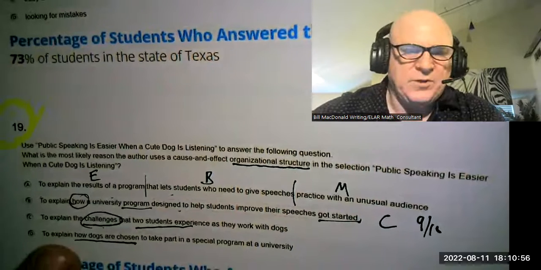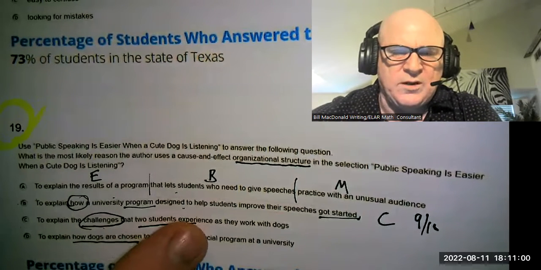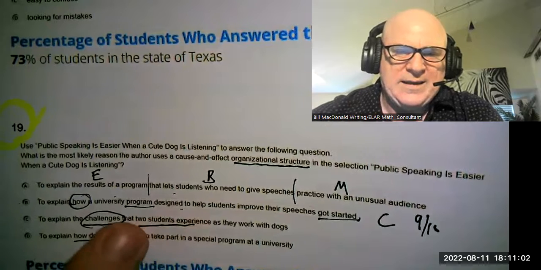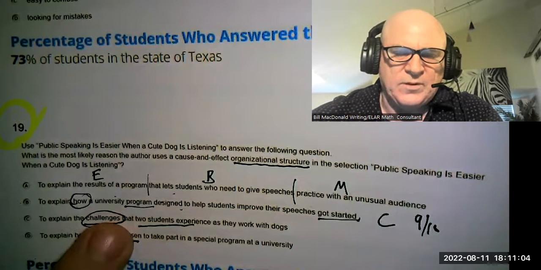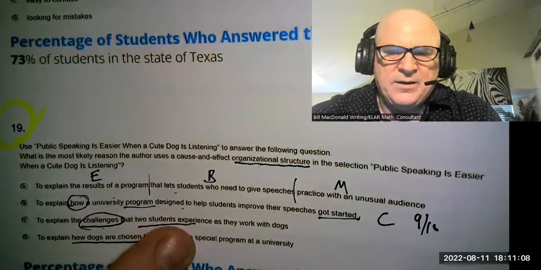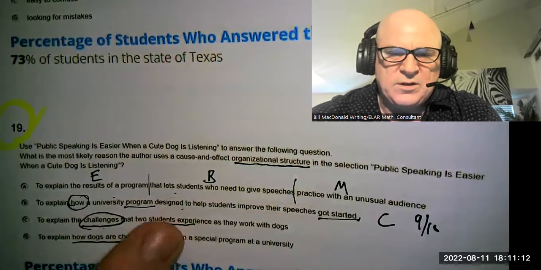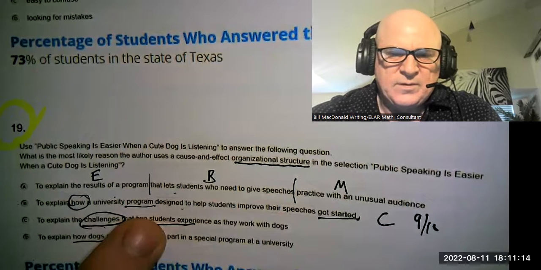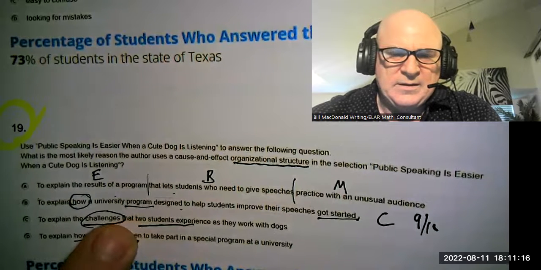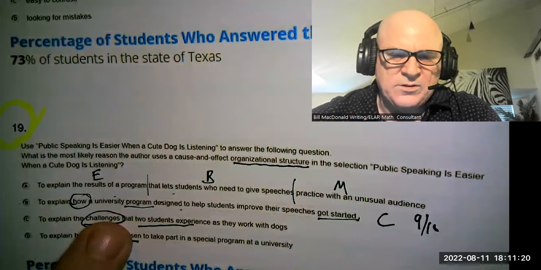Letter C, to explain the challenges that two students experience as they work with dogs. Well, that leaves out the program. That leaves out that there's kids needing to give speeches. That's not mentioned. And it doesn't focus entirely on the challenge.